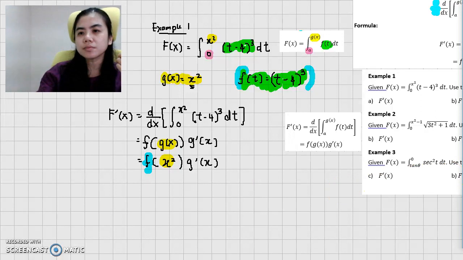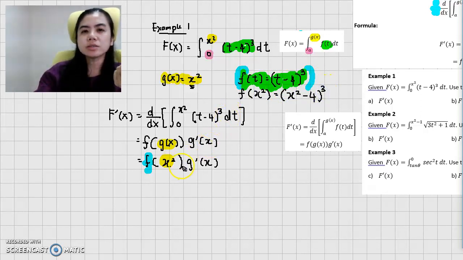Now I'm going to substitute that t as x squared here. So the t will change to x squared, and all the t's change into x squared. So we have x squared minus 4, to the power of 3. This is the answer for f of x squared.